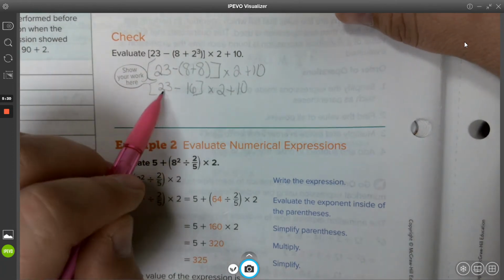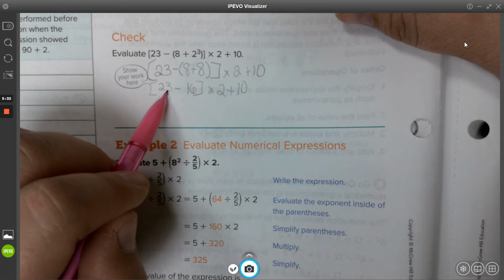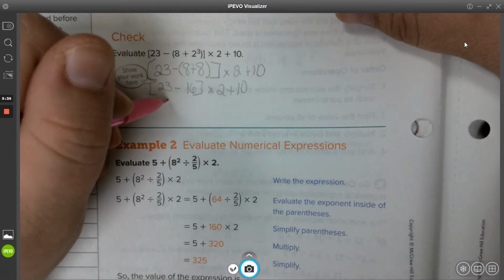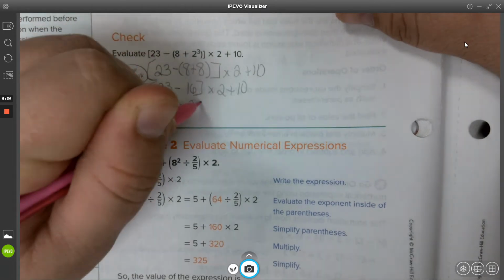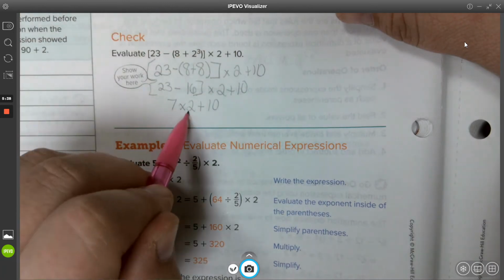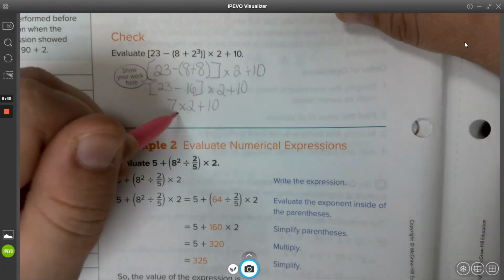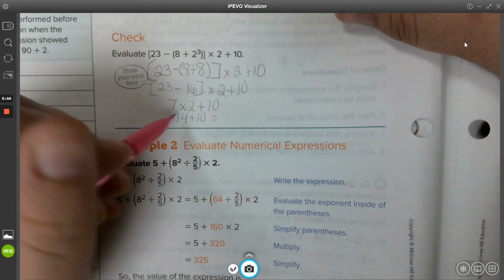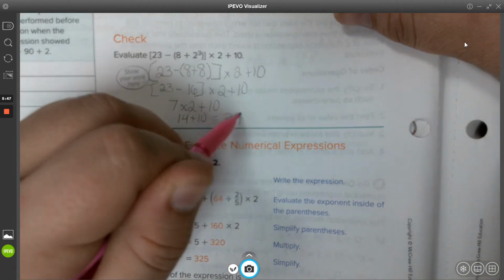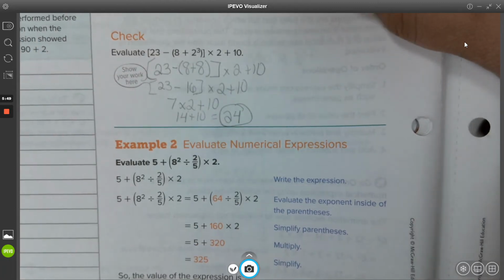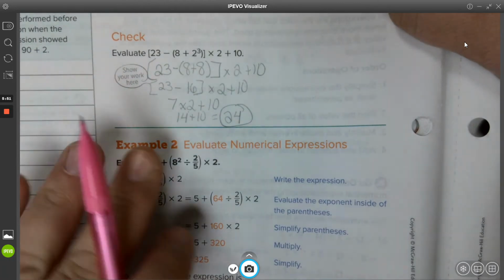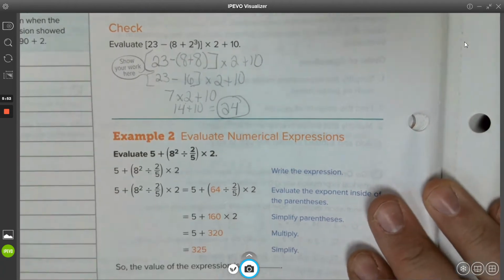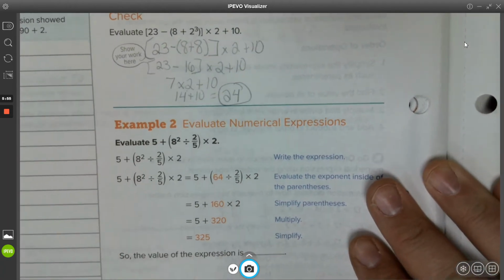Okay, so we'll do what's in this bracket now. 23 minus 16 is 7. Then we do our 7 times 2, which is 14, plus 10. 14 plus 10, the answer would be 24 for that expression. So that's what you should have gotten for your answer to this expression.